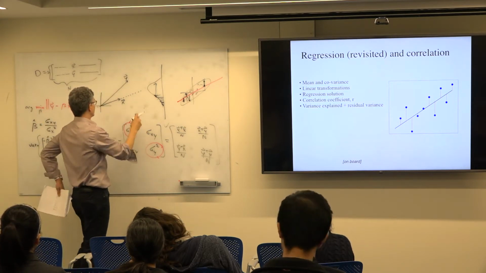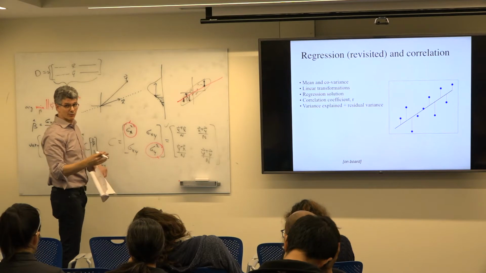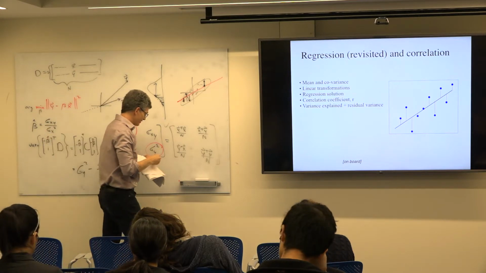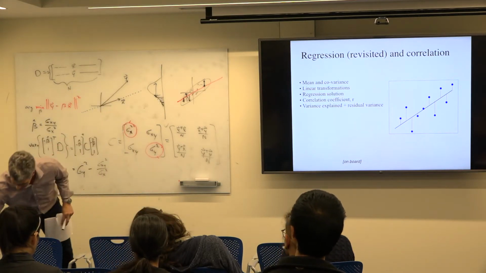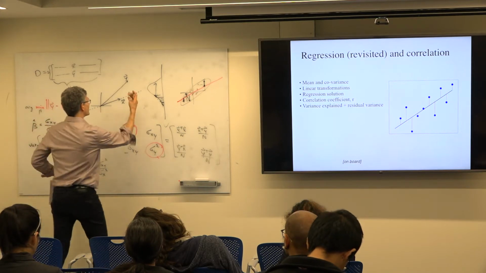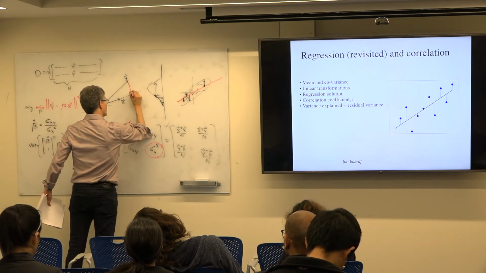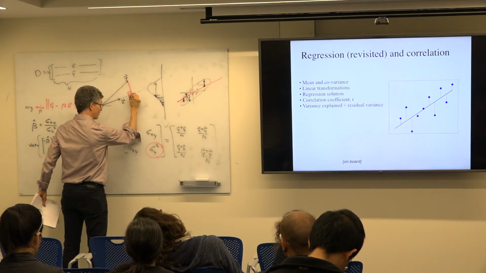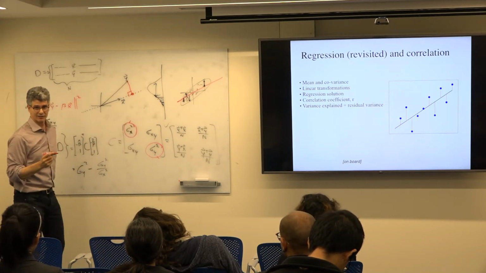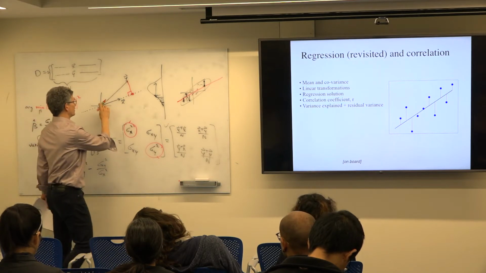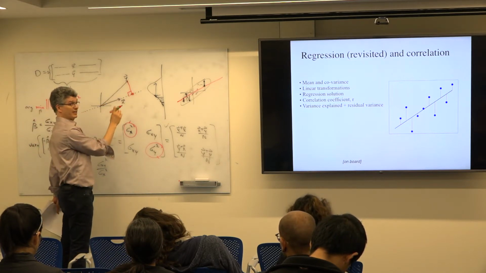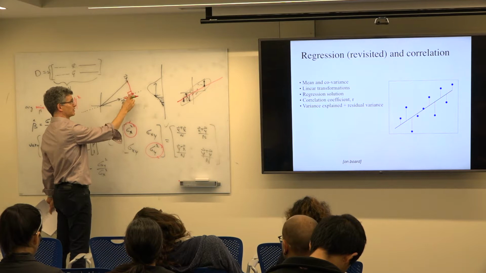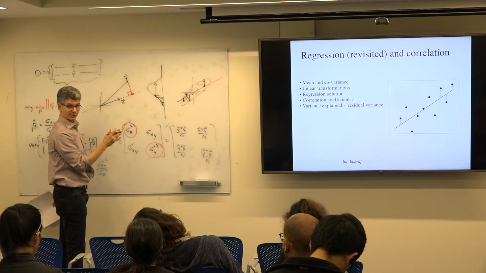And all I'm really trying to do is to find the point on the line that's closest to y. And the answer to that is geometrically very easy to see. We drew this at the time. We said you draw the perpendicular from y onto this line, and this is what we're looking for, that point right there. And that is going to be our best explanation of y using x. That's what regression is about.